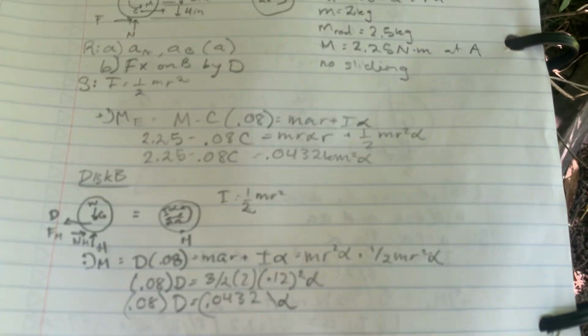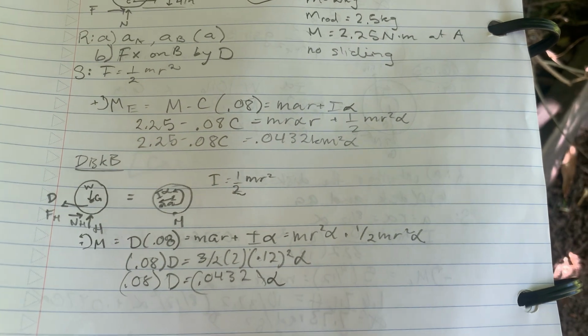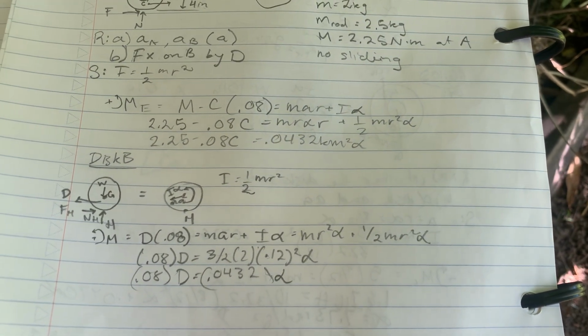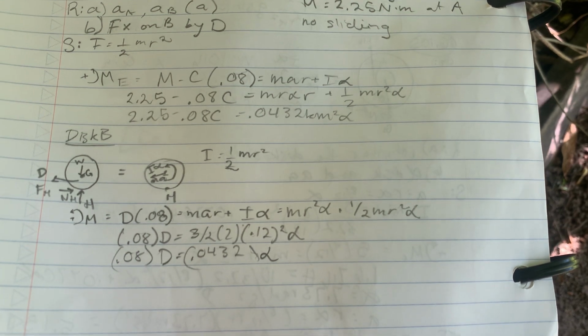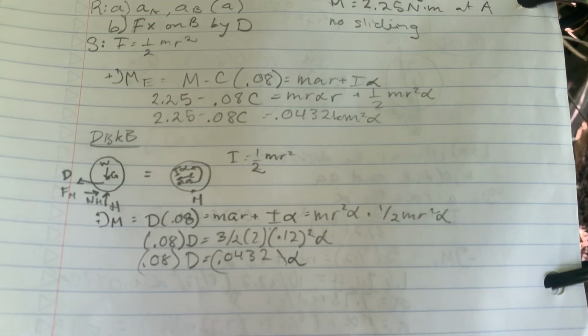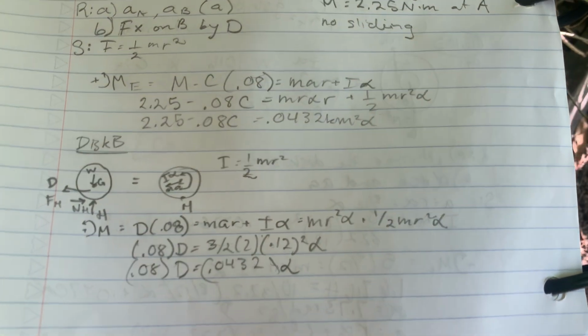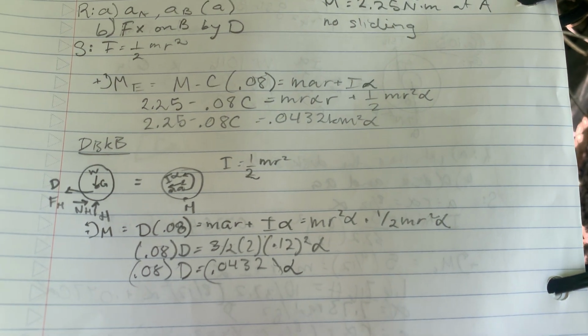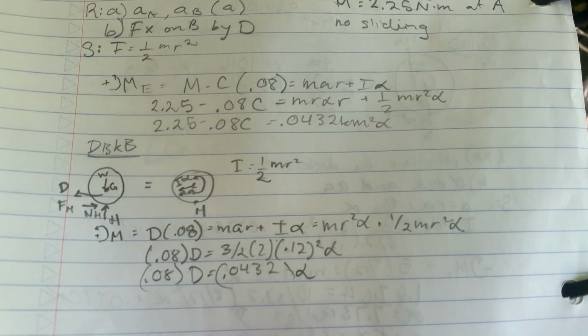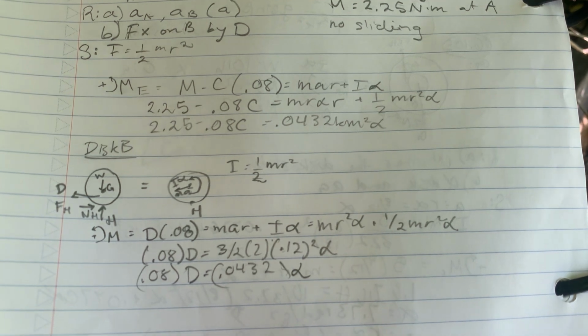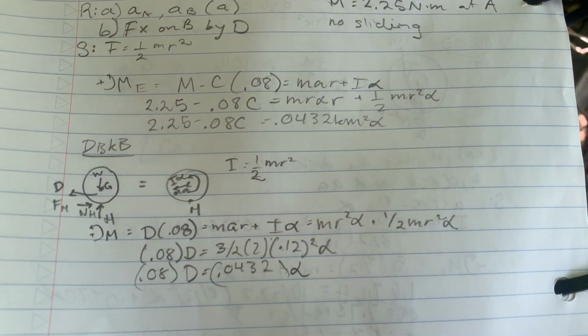And for the solution, we know that I equals 1/2 m r squared, and the sum of the moment about E in the counterclockwise direction is positive. We have all these knowns except for C and K, M, and alpha.